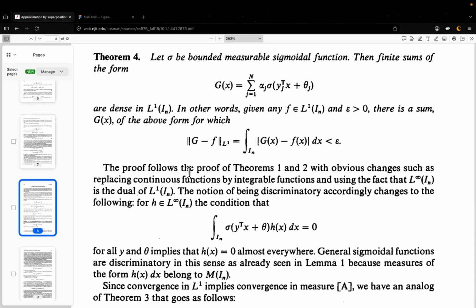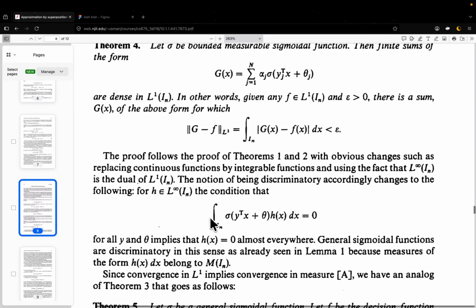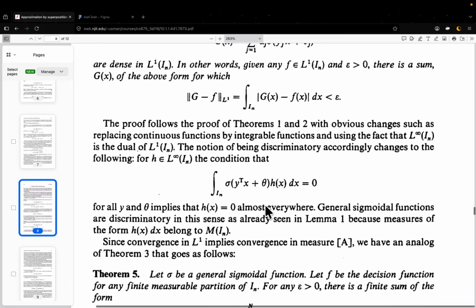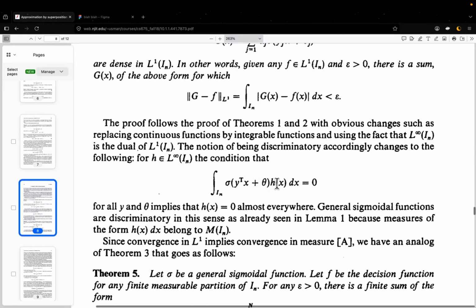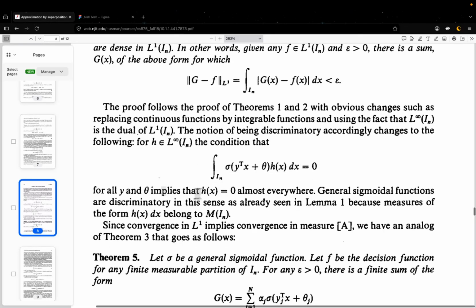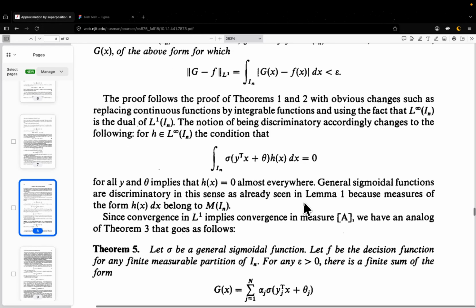The proof follows the proof of theorems 1 and 2 with obvious changes, such as replacing continuous functions by integrable functions and using the fact that it's dual, whatever this means, I think. The notion of being discriminatory accordingly changes to the following: if we have some function that zeros this whole integral for all, it implies that the measure is zero. So the property of a discriminatory function is restated.